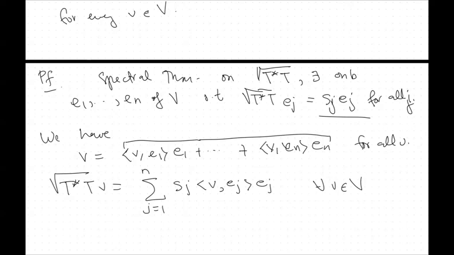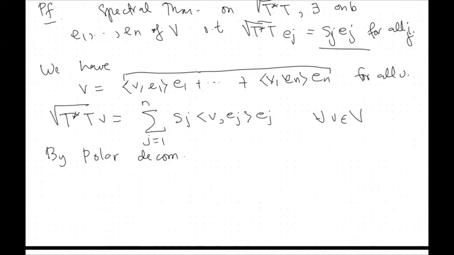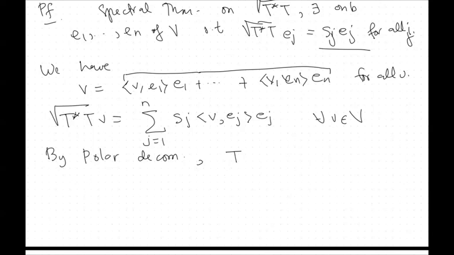So using our polar decomposition, which we have discussed in the previous video, we have our T is equal to S times the square root of T star T. So apply S to both sides.